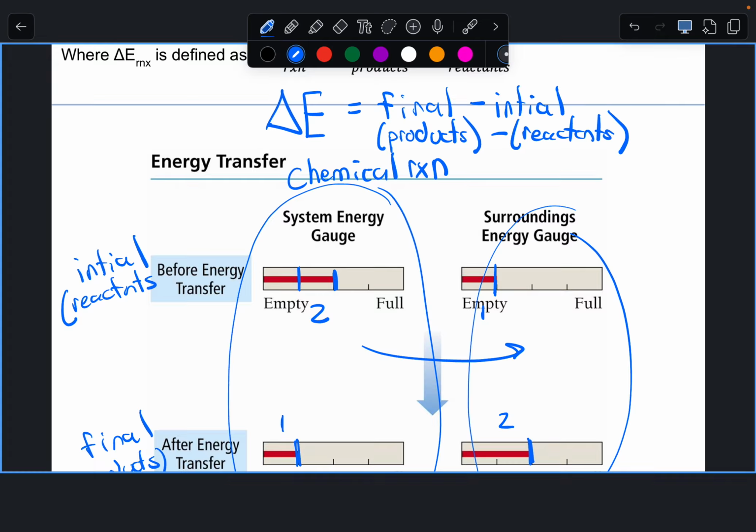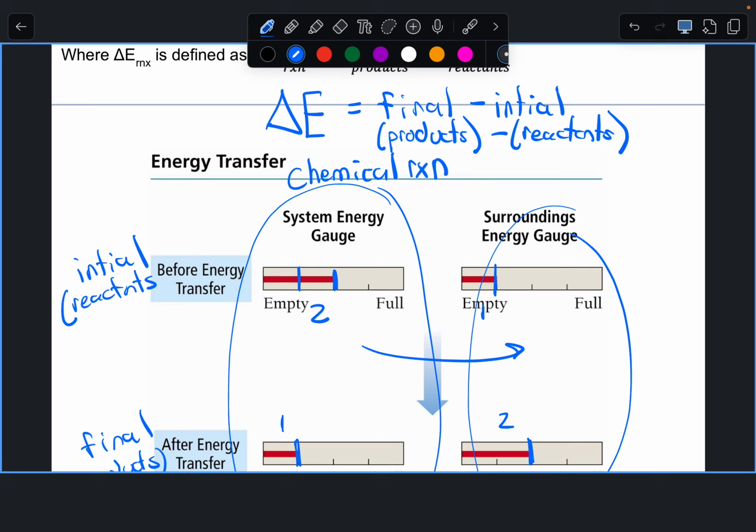Okay, so if we apply that to the thing we just did, for the system, does everybody get what I mean when I say system and surroundings? I mean the system is the chemical reaction or the thing we care about, and the surroundings is everything else.